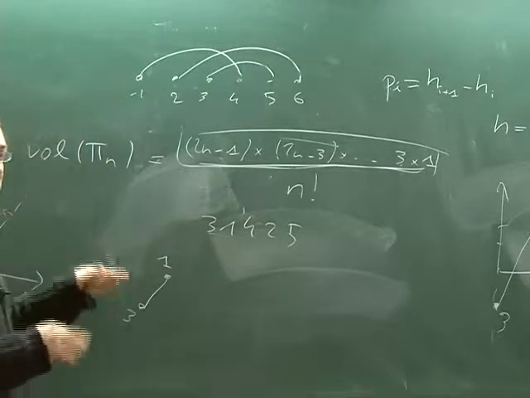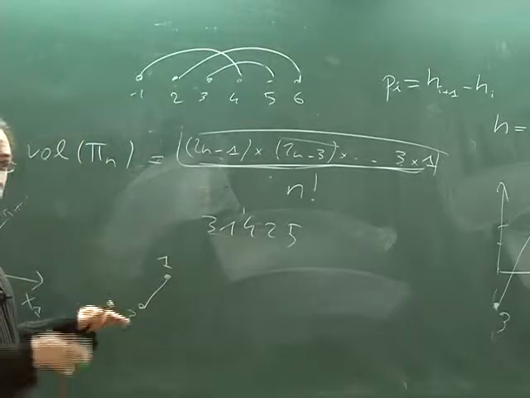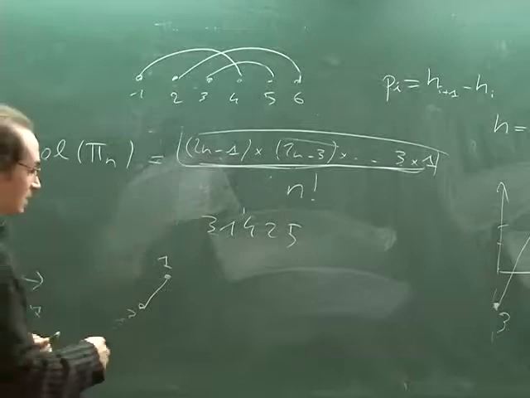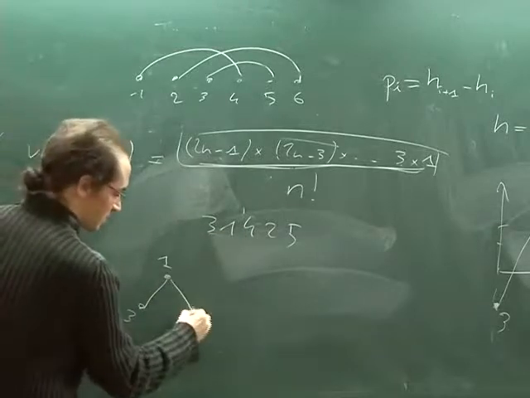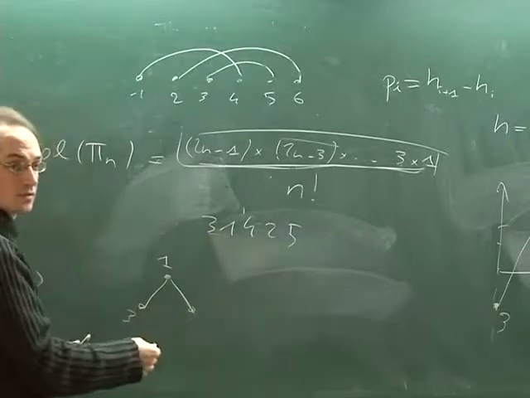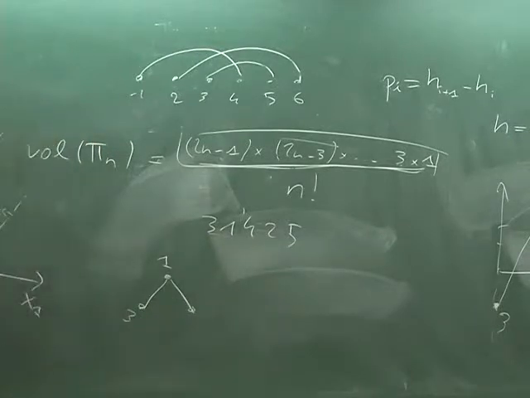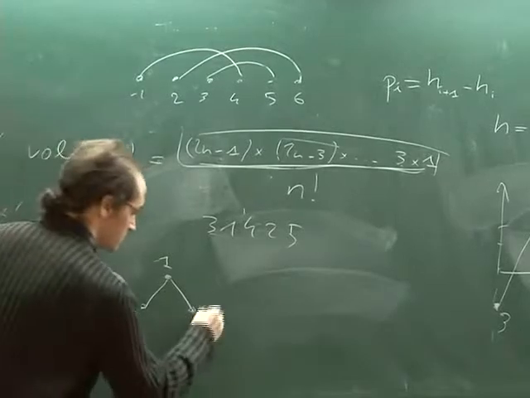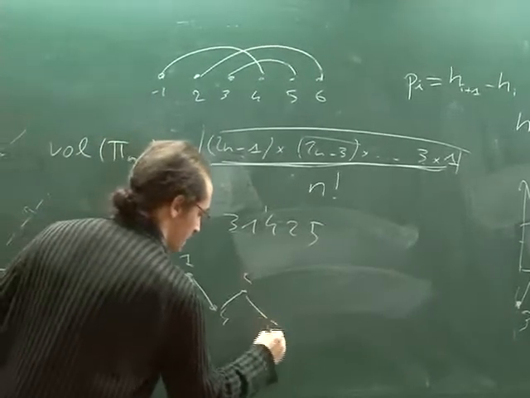I'm talking about paths that have no horizontal steps now, k equals 0. Then 4 has to be below because of this order, and the permutation completely determines the path, and so on for 4, 2, 5.